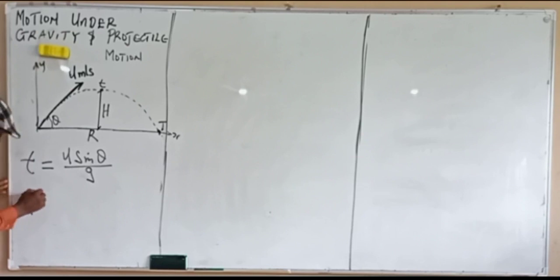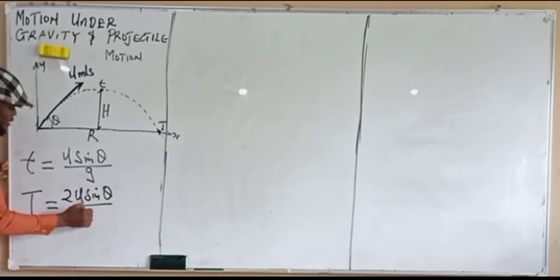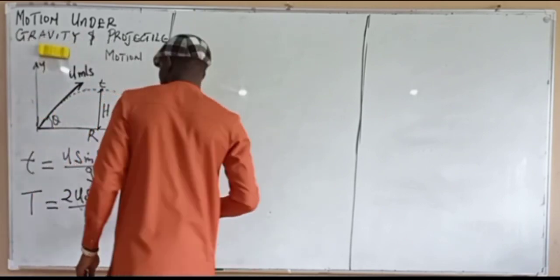The time of flight, the time to return back to the ground, is 2u sine theta over g.